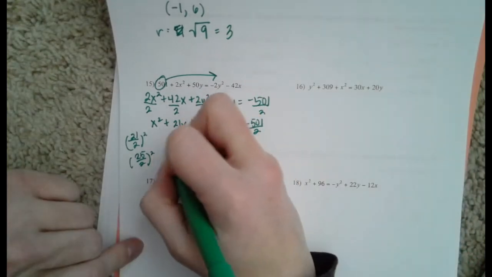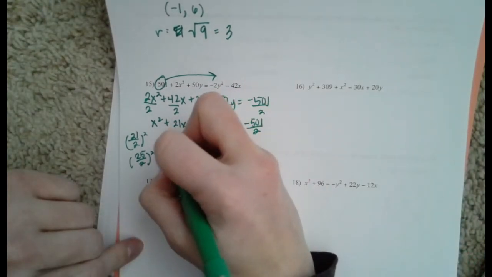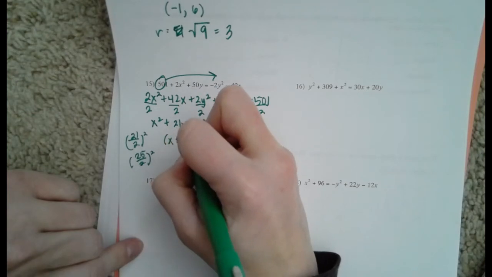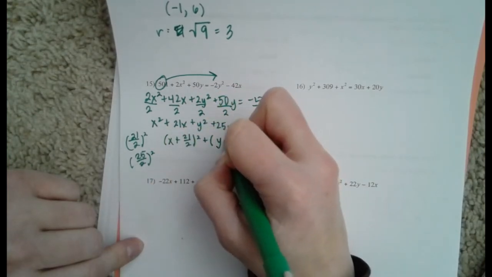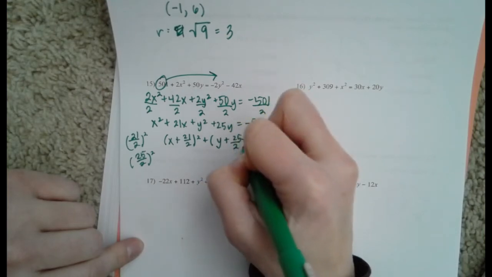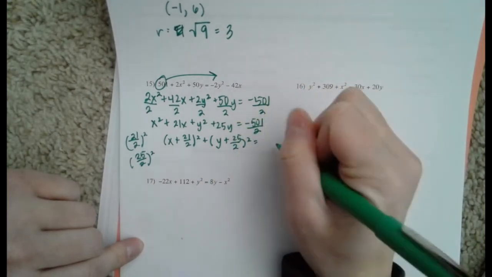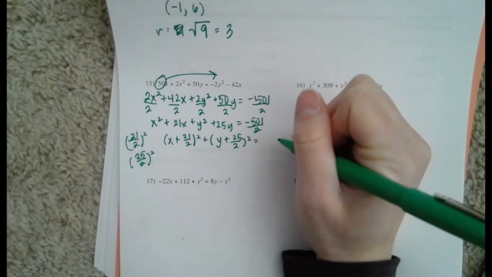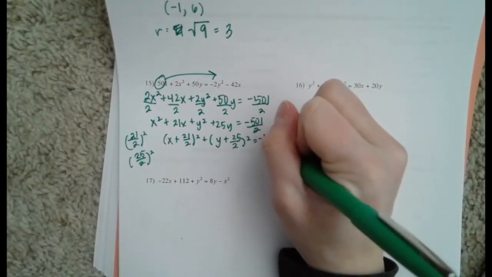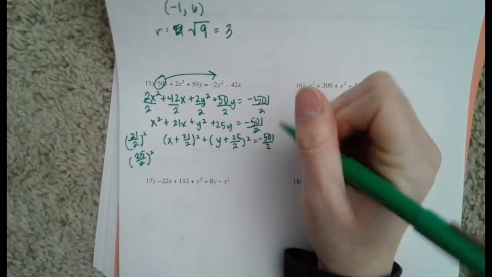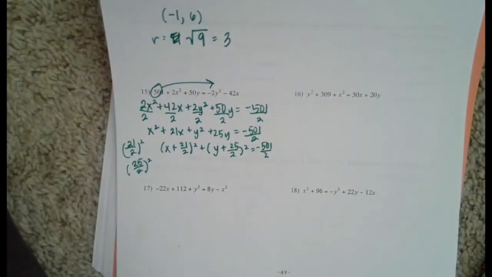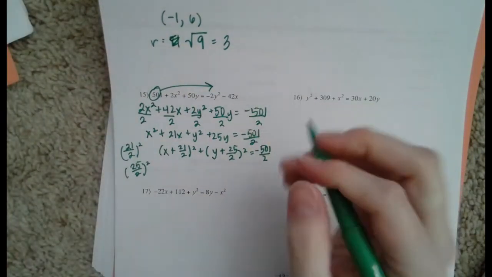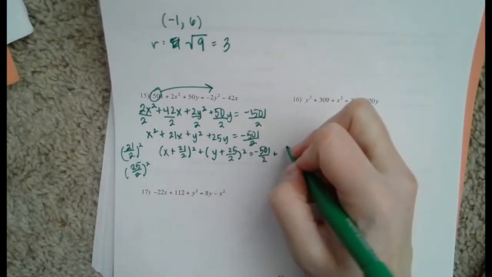And then over here on this side, I have negative 501 over 2, and then I have to square these. So 21 squared is going to be 441, and 2 squared is 4, and then 25 squared is 625, and 2 squared is 4.